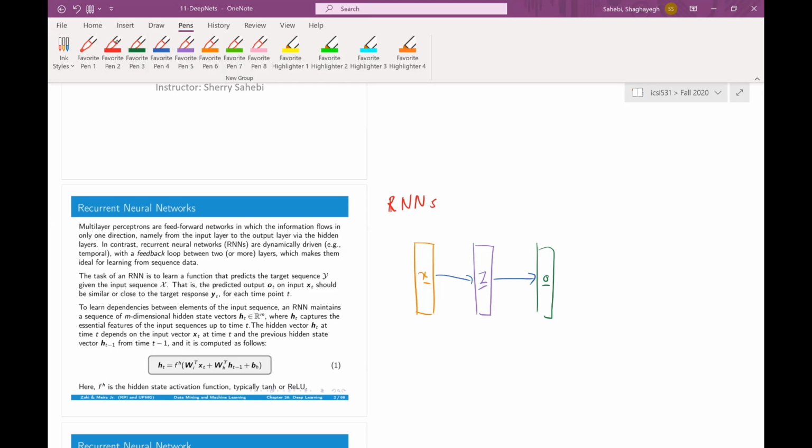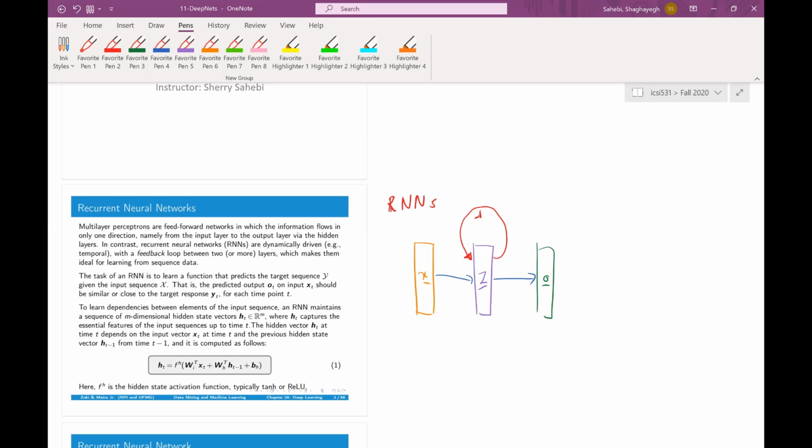But in addition to that, they have this feedback loop, where we put a -1 here to show that each hidden layer at each time depends on the previous value of that hidden layer.